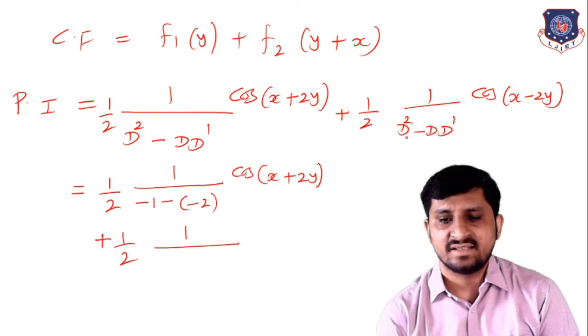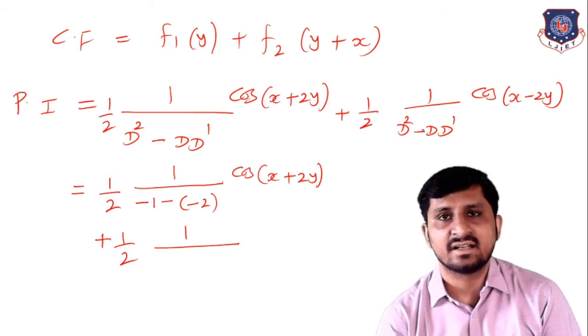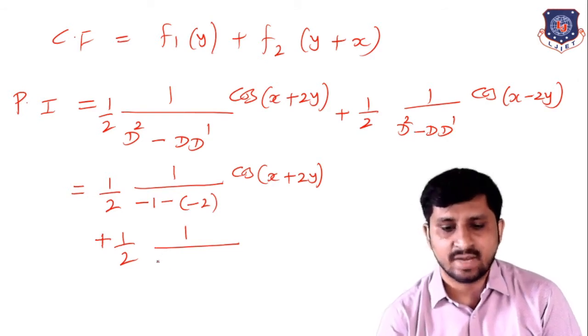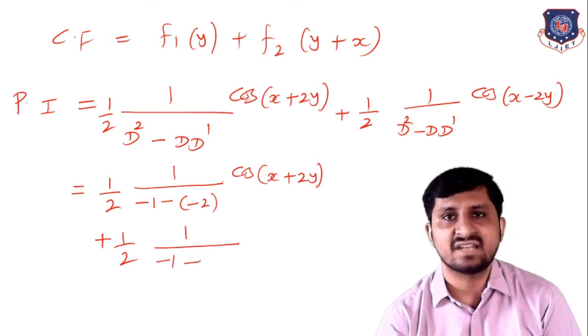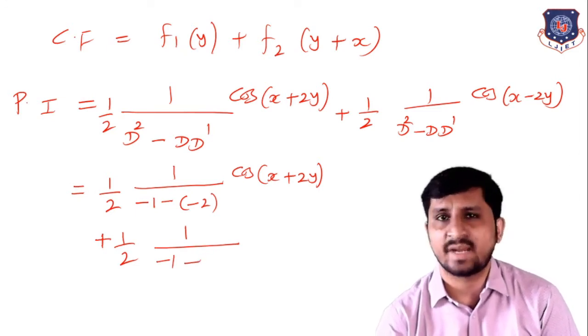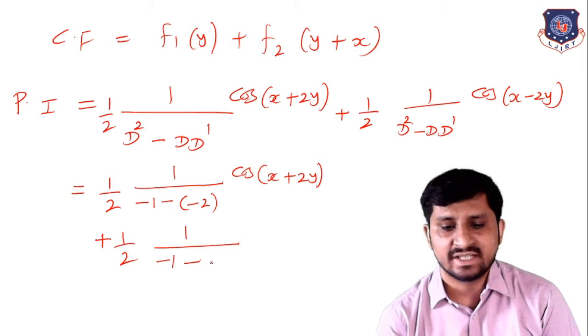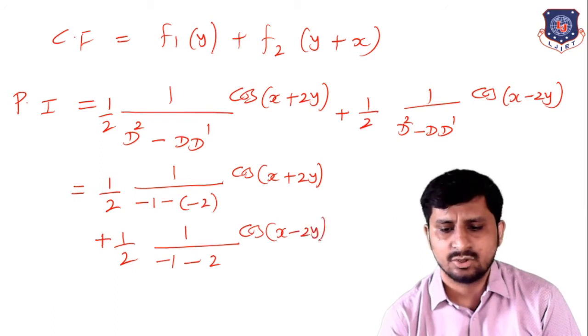And here, plus 1 by 2 times 1 upon: instead of D square we take minus 1, so minus 1, minus, instead of D into D dash we take minus ab. What is minus ab? It is minus 1 into minus 2, which becomes 2. Wait, the denominator is minus 1 minus 2, that is minus 3, on cos(x minus 2y).